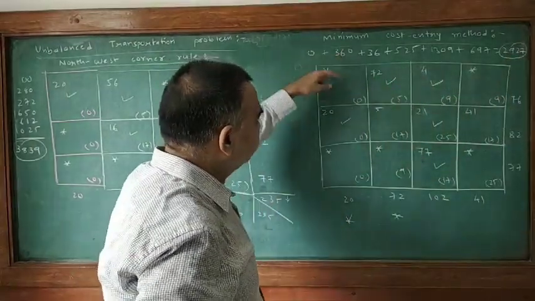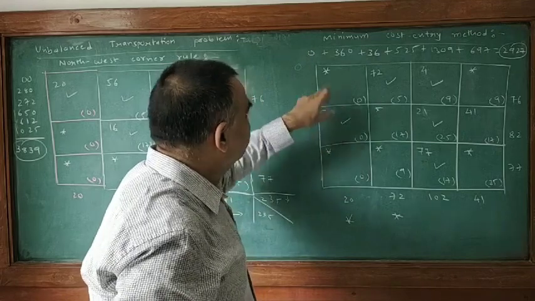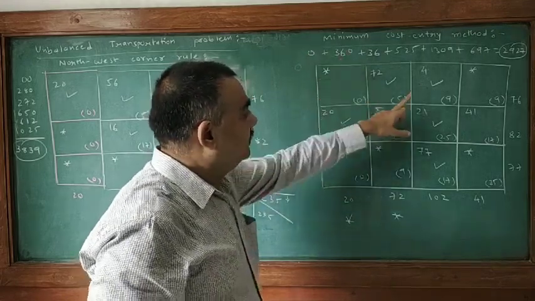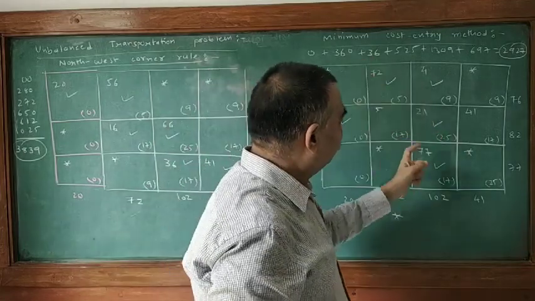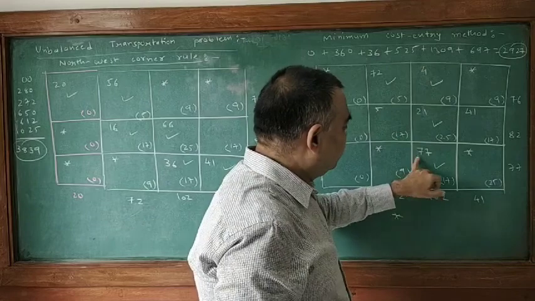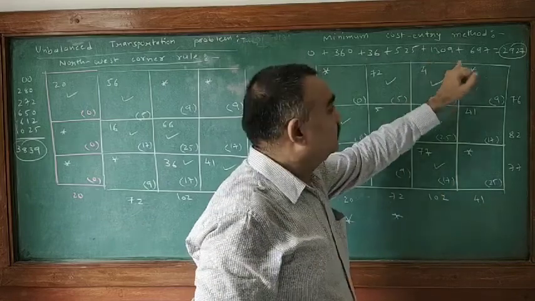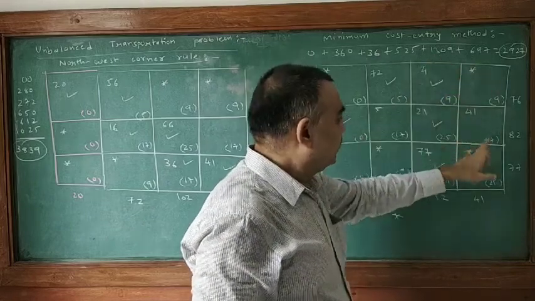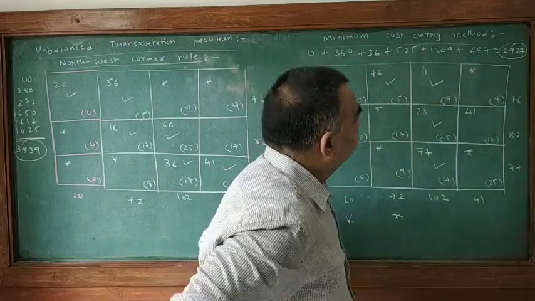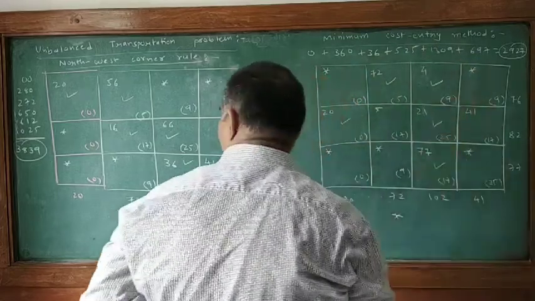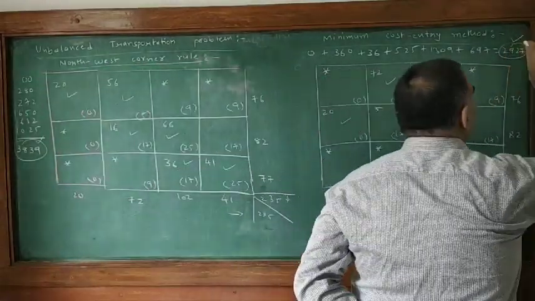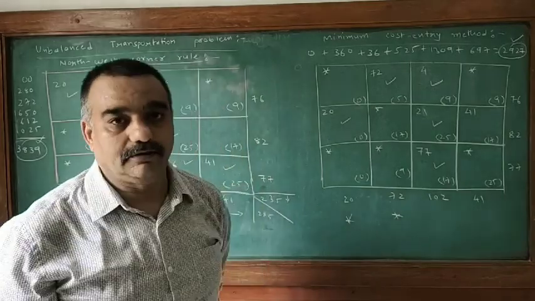How is it? 20 into 0, 0. 72 into 5 is 360. 9 into 4 is 36. 21 into 25 is 525. 17 into 17 is 1309. And this is 41 into 17, 697. Clear? And the sum is this. So it is much better. We did it with a smaller amount of cost.